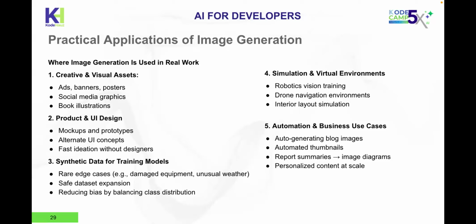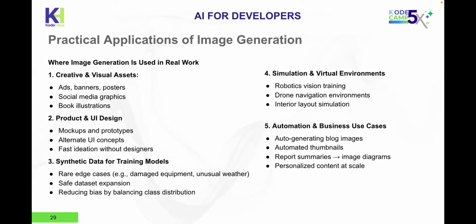This is a very good skill for you to have as a developer because sometimes there are all those stock images that you pull from somewhere, especially if you're a front-end or mobile developer, but sometimes you may not find the exact one you want. If you have mastered the art of prompt engineering an image generation model, that is an additional resource for you, so you can basically generate whatever you need.